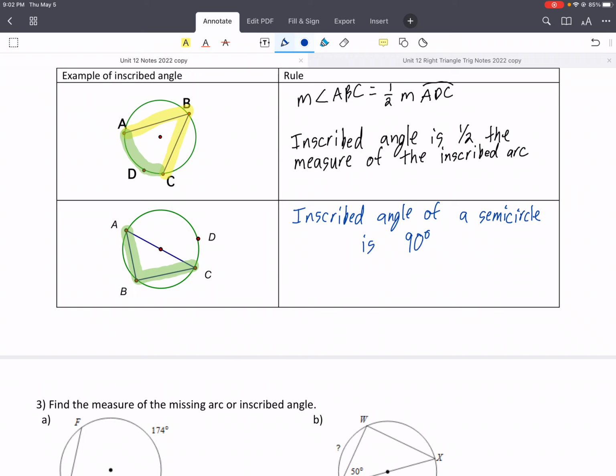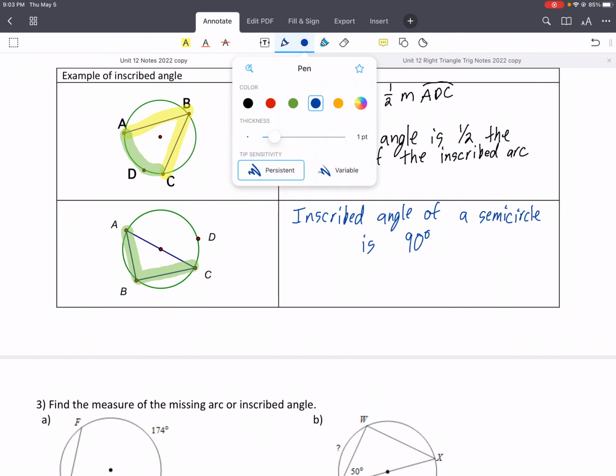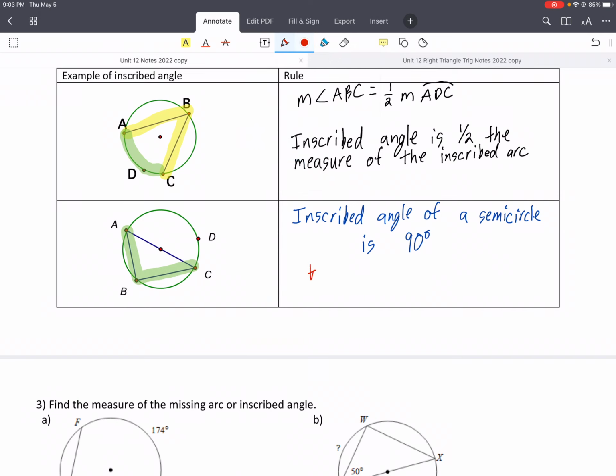The reason is that angle formed by ABC needs to be half of that arc, but that arc, since it's a semicircle, is 180 degrees, so we know it's going to be 90. So that's a special case of the one above.